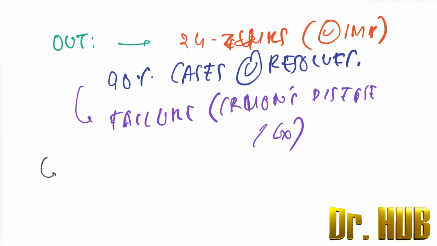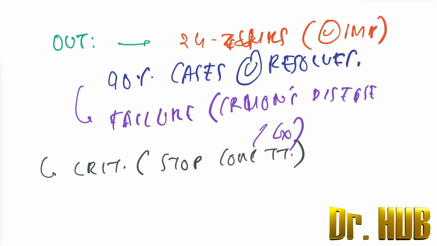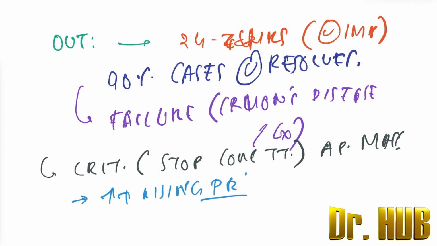Next is the criteria for stopping the conservative treatment in the appendicular mass. So what will be the criteria to stop conservative treatment for the appendicular mass? The criteria to stop are a rising pulse rate, that is, the rising PR.